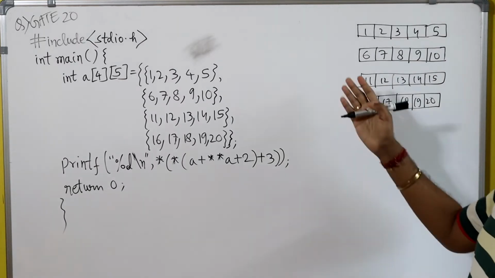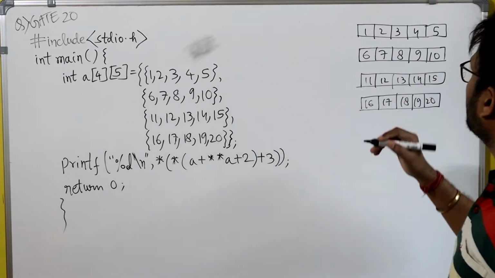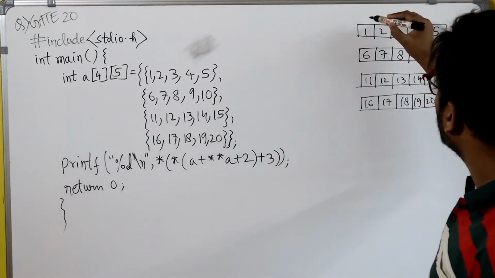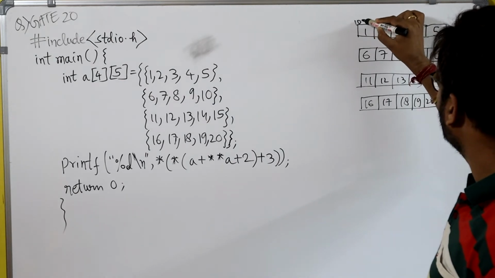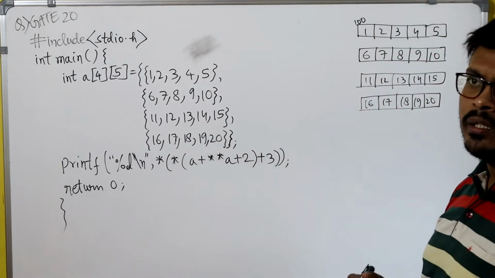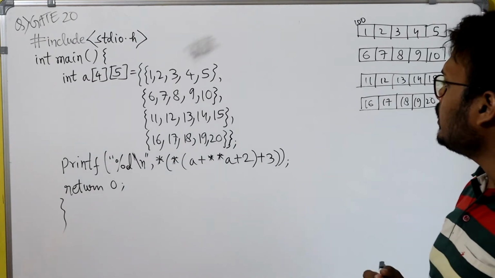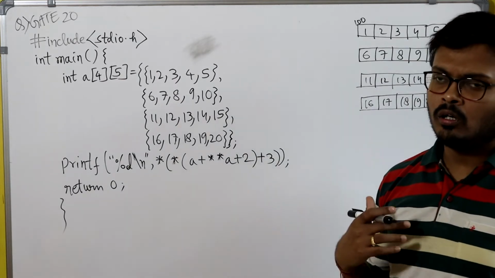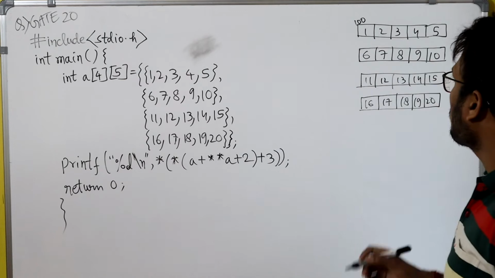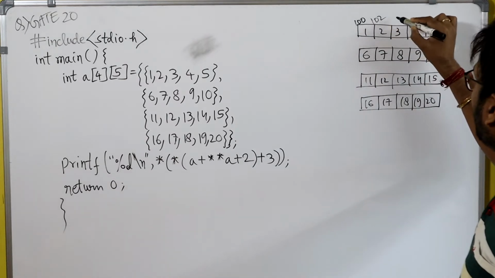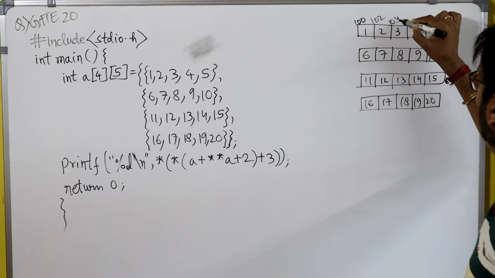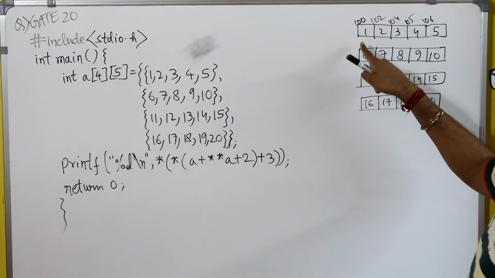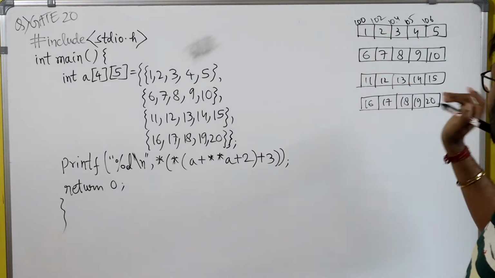Okay, and let's give the addresses for your convenience. The address is 100. Just assume that the integer is of 2 bytes. It's not given in the question, just an assumption, because basically it is 4 bytes or 2 bytes, but I am taking 2 bytes. So 100, 102, 104, 106, 108 are the addresses of the first array.